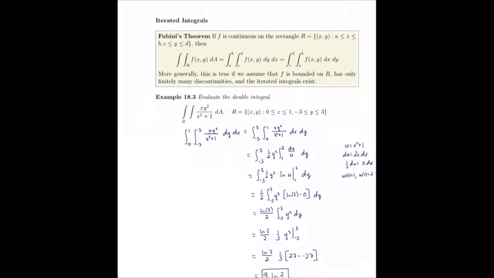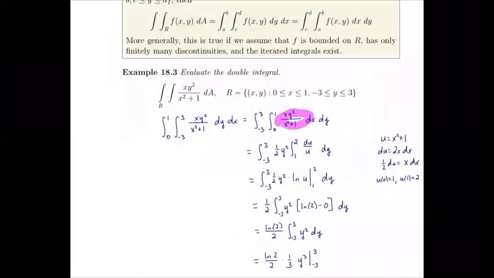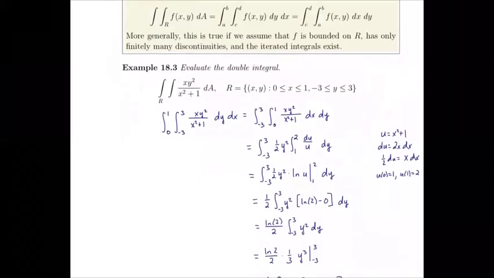So just having a look at what happens here. In this step, we've decided to integrate with respect to x first. And we realize we have x over x squared plus 1. That is a good candidate for a u substitution, since y squared is just a constant, and x is related to the derivative of x squared plus 1.